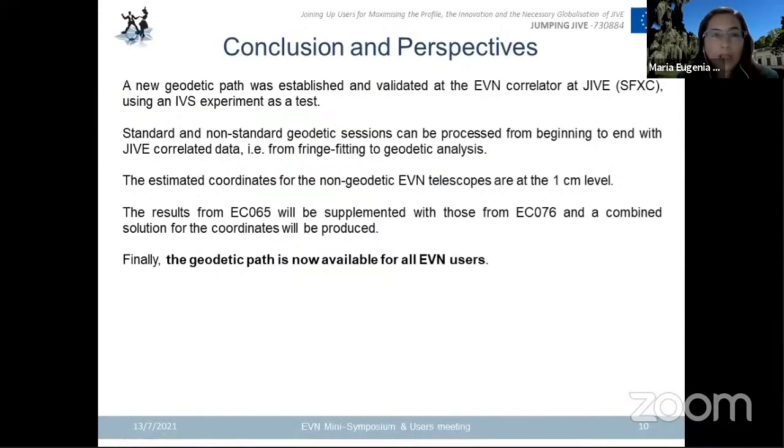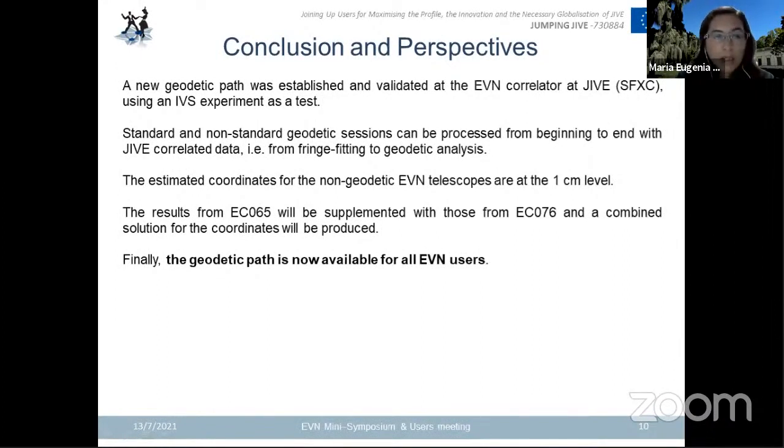So what we can say until now is that we have a new geodetic path that was established and validated at the EVN JIVE correlator by using an IBS experiment. We have also shown that standard and non-standard geodetic sessions can be processed from beginning to end with the JIVE correlated data, so from fringe fitting to geodetic analysis.